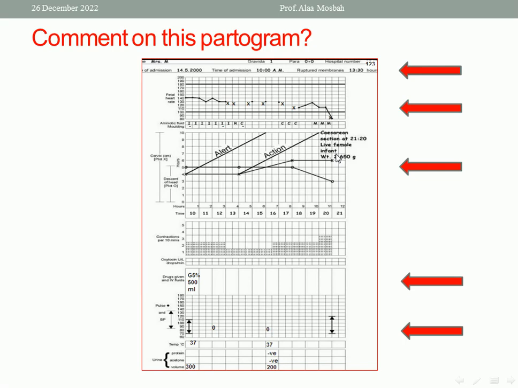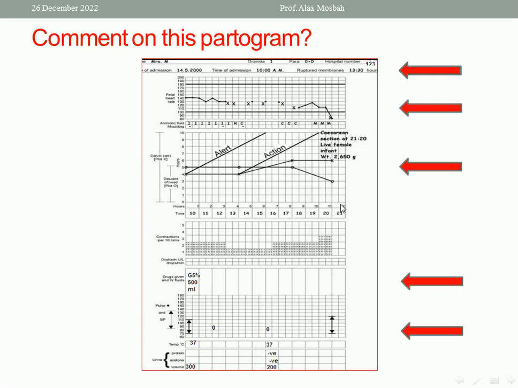Why cesarean section? Because there is acute fetal distress, bradycardia, and meconium-stained amniotic fluid, and lack or retarded cervical dilatation and head descent. So failure to progress with acute fetal distress. This is the indication here of cesarean section.